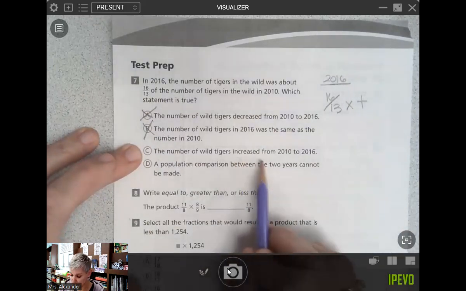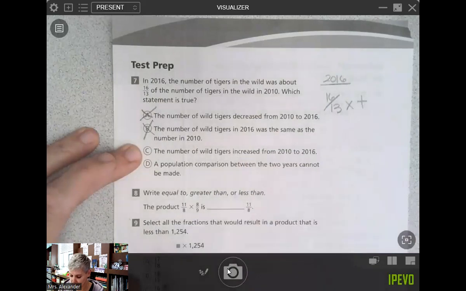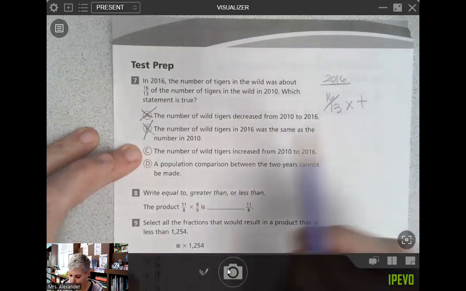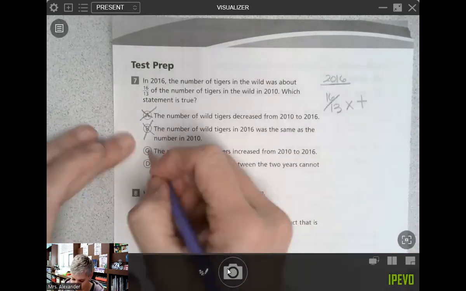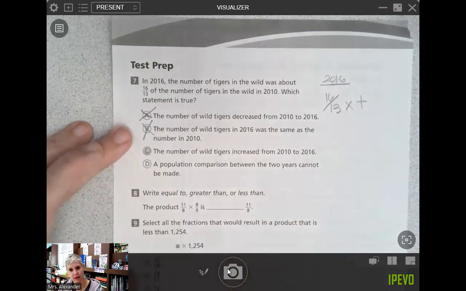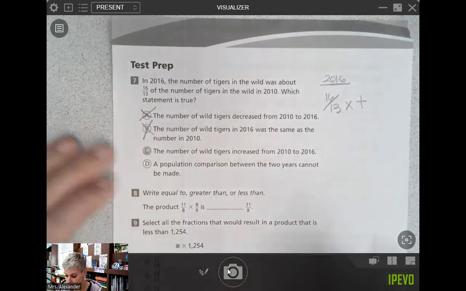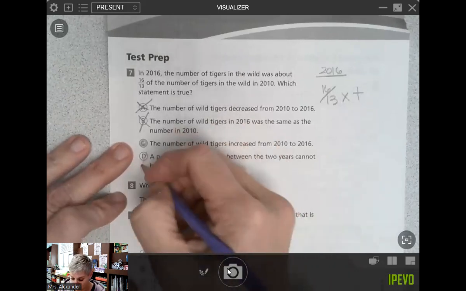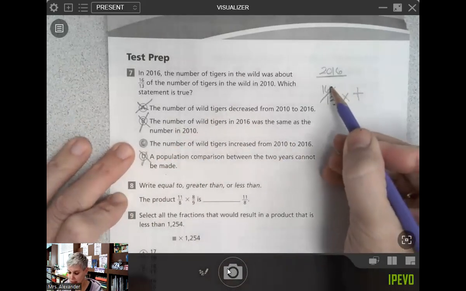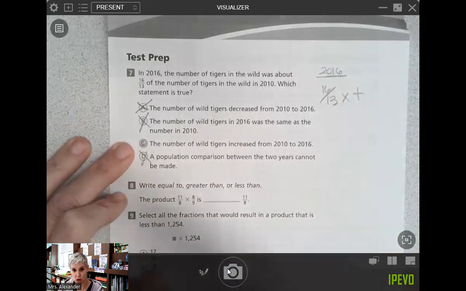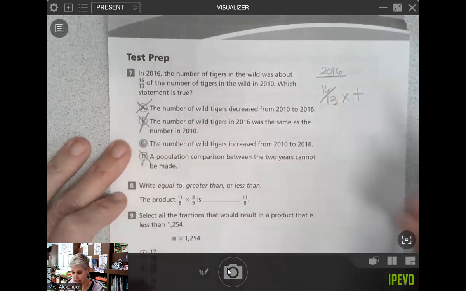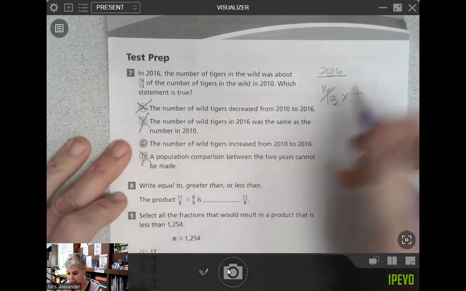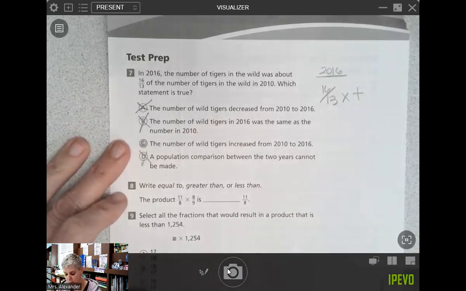Oh, I'm sorry, increased from 2010 to 2016. That would be our true statement. Sorry, I read it wrong and then my brain didn't want to accept it. Or the population comparison between the 2 years cannot be made. We can make the comparison because 16/13 is greater than 1. We know there was an increase from 2010 to 2016.